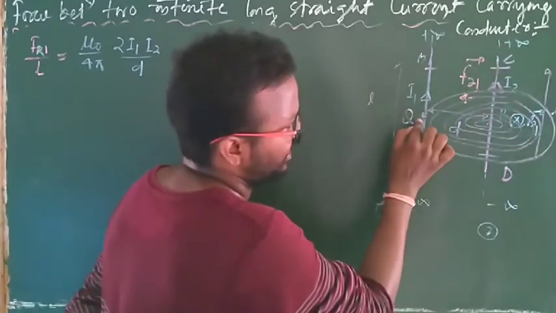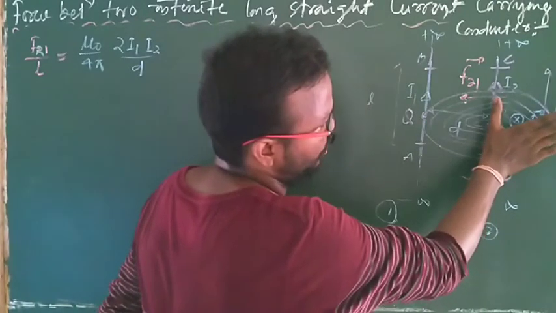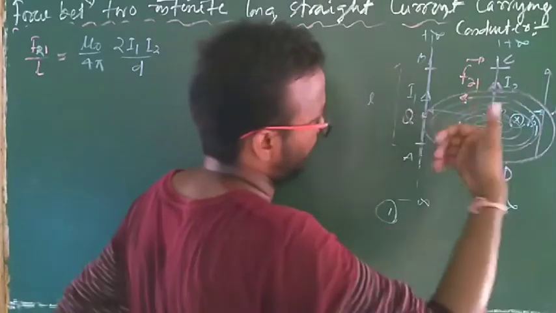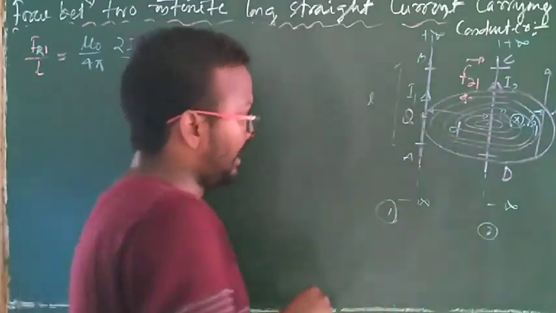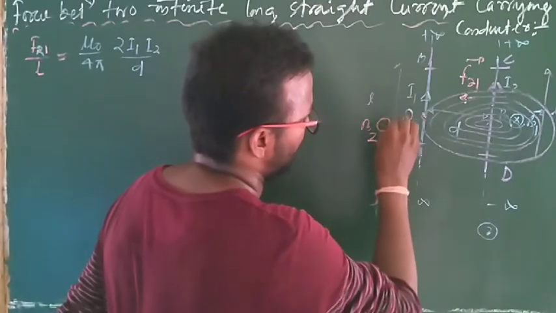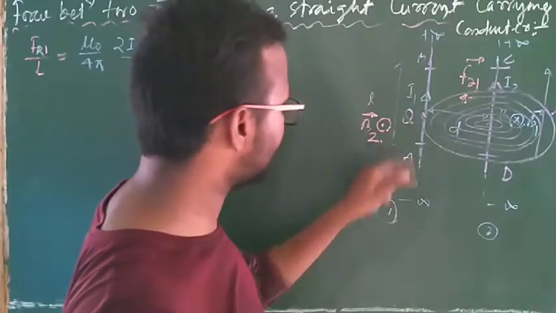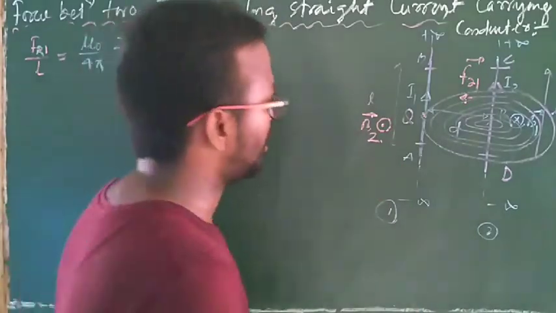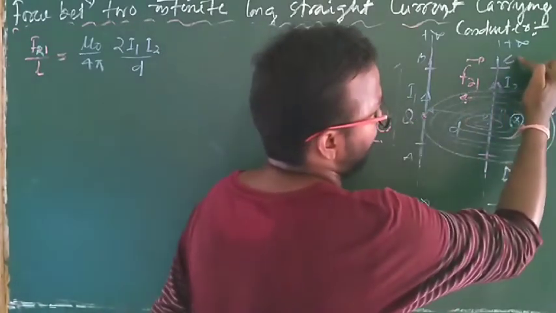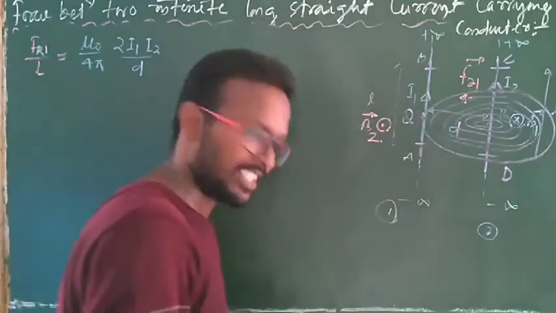If you use the right hand thumb rule at point Q, the direction of magnetic field is outward, and it can be represented by B2 and a dot. What is the dot? This representation indicates that the direction of magnetic field B2 due to the current carrying conductor CD is outward at point Q.